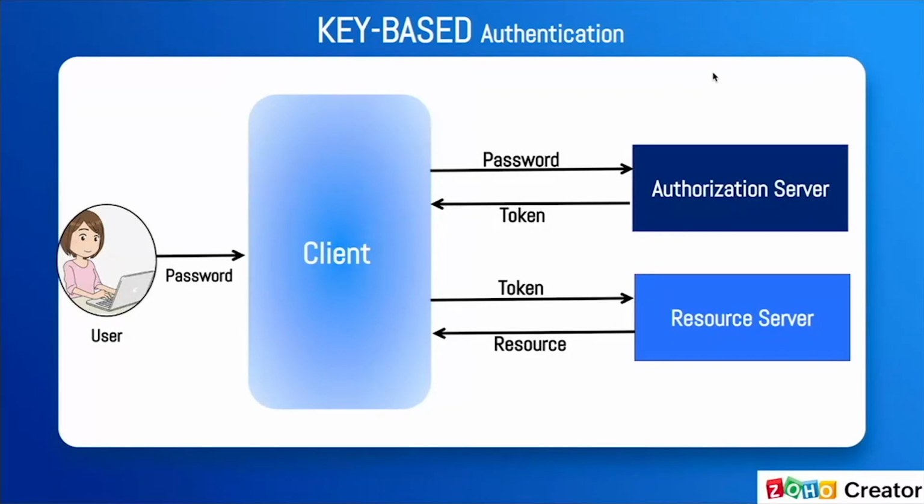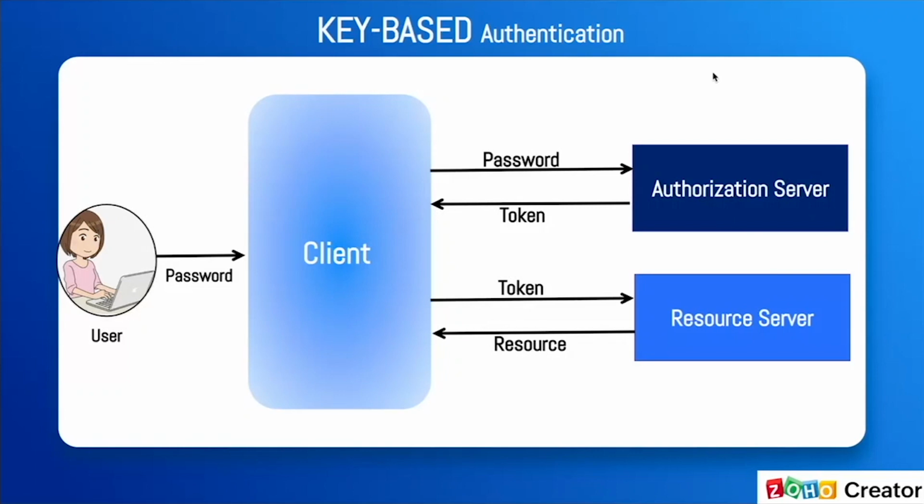So the key-based authentication, where you as a user log in to the application, the third-party application, and then you log in with your password, and the authorization server identifies whether you are an authenticated person. If yes, then it will generate a token, which is a key, which is a secret key, which allows you to access the resource.